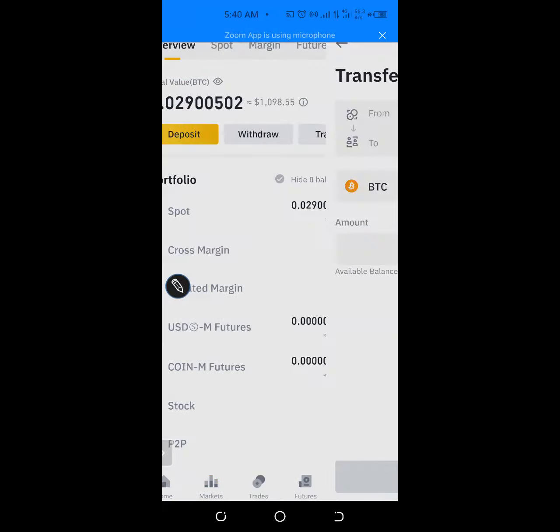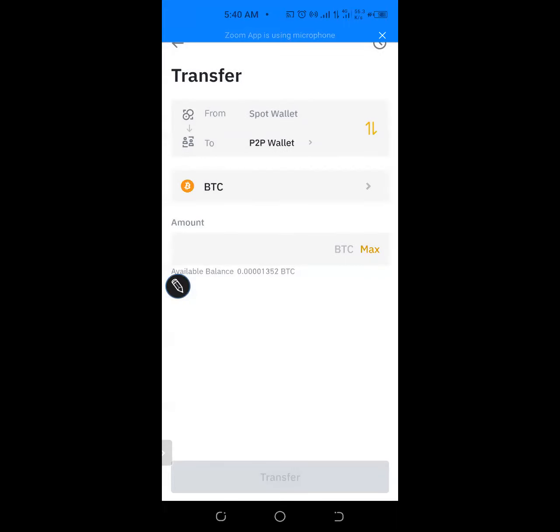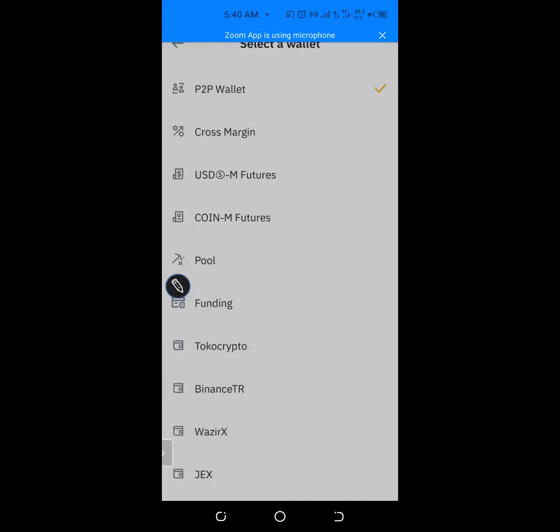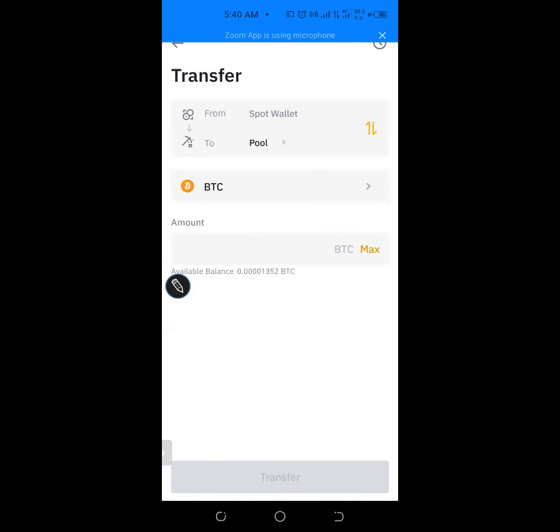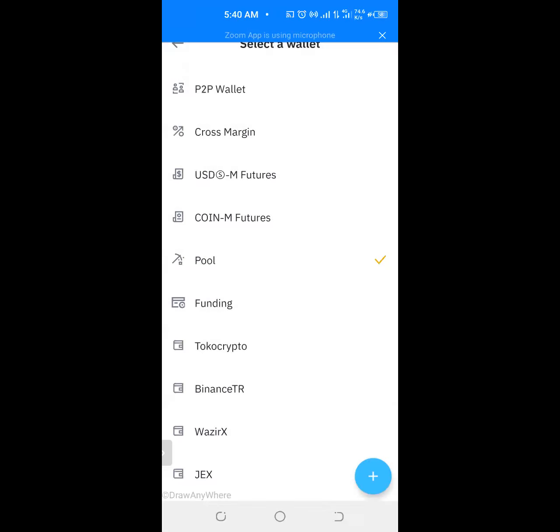Here I can transfer from my spot wallet to my USDM futures account. So if you want to trade the futures market, you have to transfer USDT from your spot account to your USDM futures account.